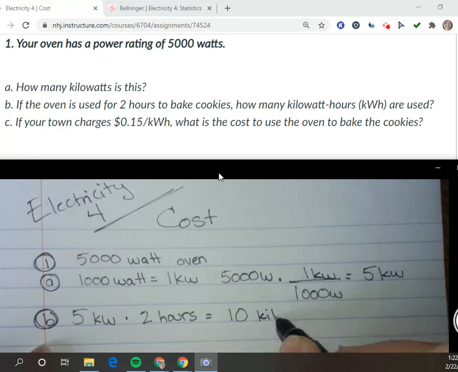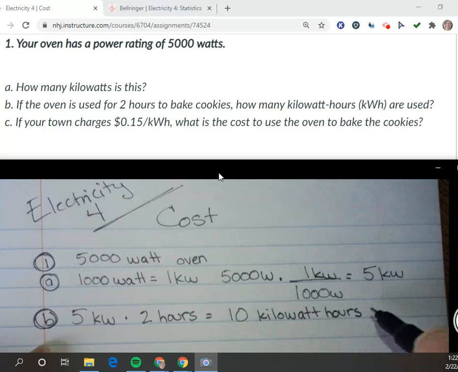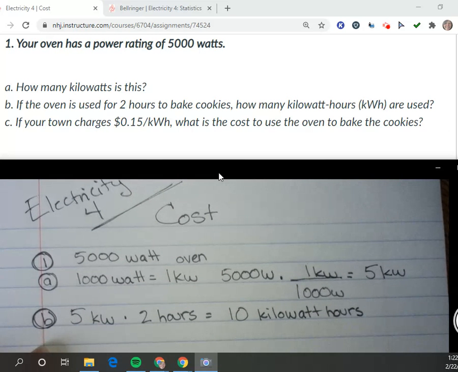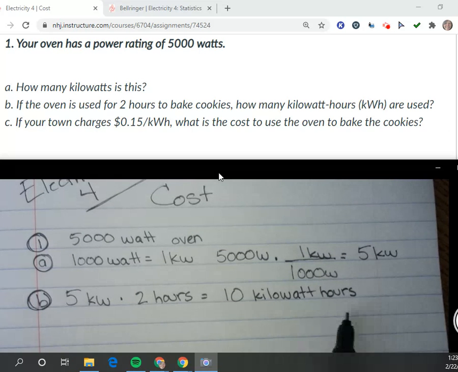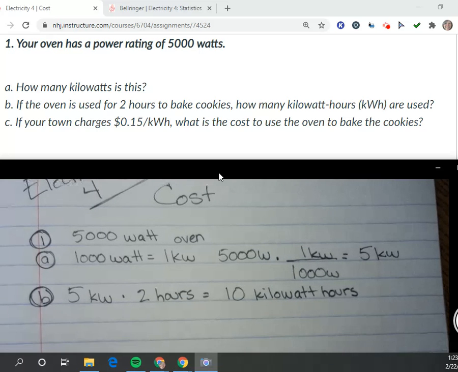And I'm going to write it out so you know what you're writing in your notes: kilowatt hours. That right there is what you get charged by. When you have an electric bill, you use so many kilowatt hours, and they charge you a certain amount of money per kilowatt hour.